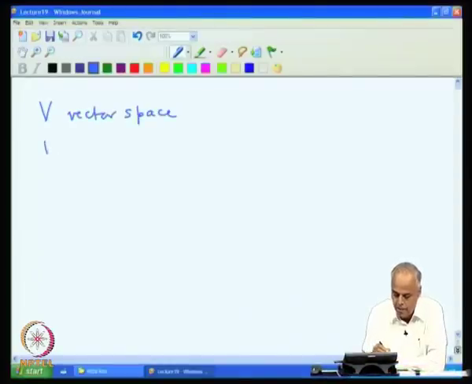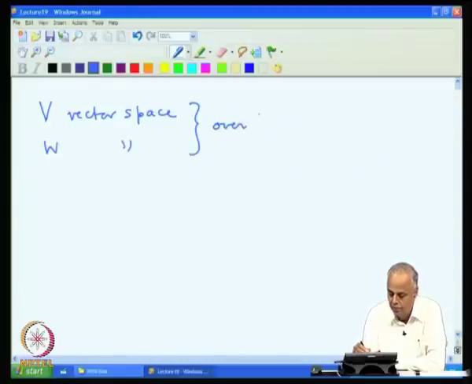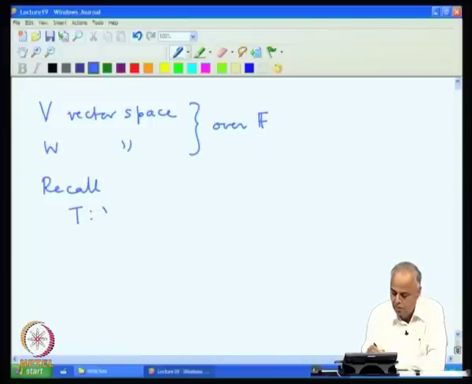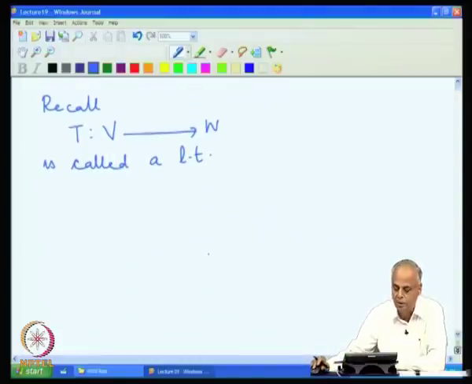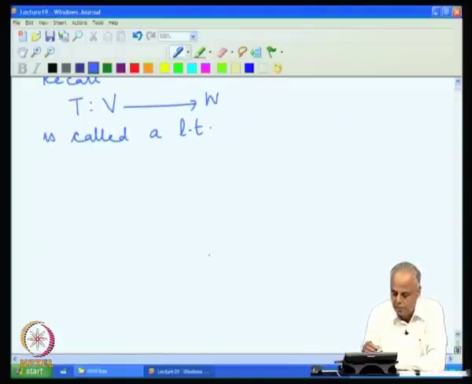Let us now consider a vector space V and a vector space W, both over a field F. Recall that a transformation from V to W is called a linear transformation if it preserves the basic algebraic operations in the vector spaces.